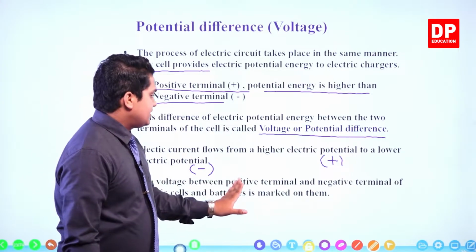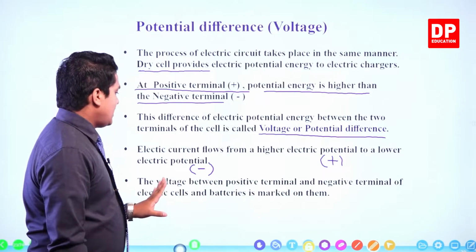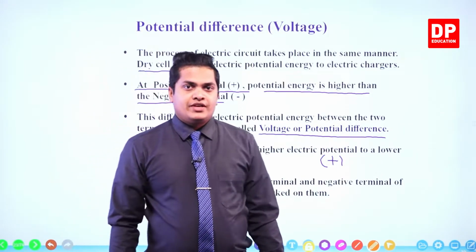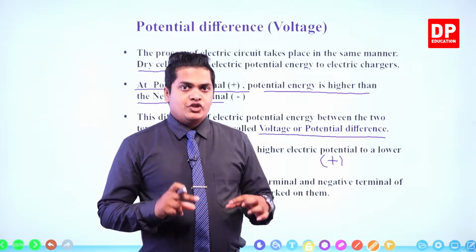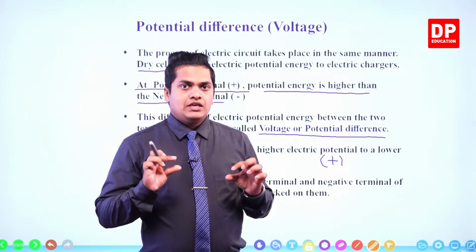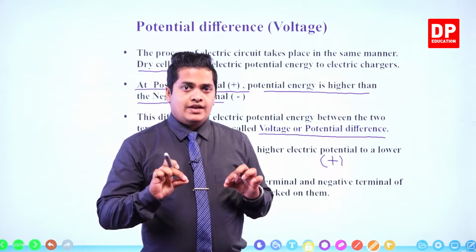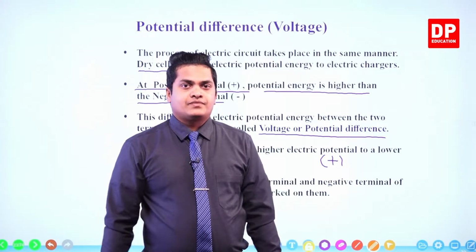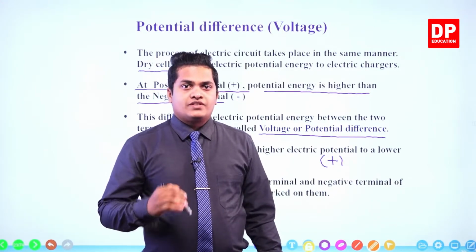The voltage between the positive terminal and the negative terminal of electric cells and batteries is marked on them. Usually if you take dry cells and batteries, the potential difference, meaning the difference between electrical charges at the positive end and at the negative end, is marked on the surface of the cell.